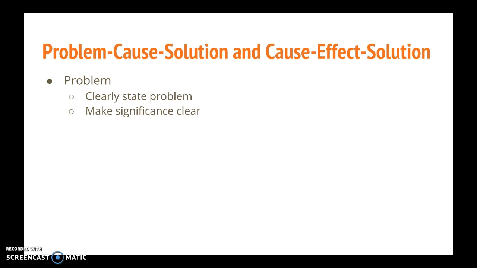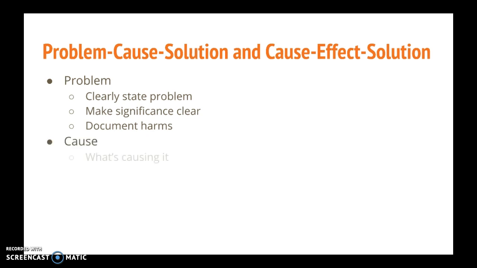You have to let them know why it is that you're even bothering to tell them about this problem. And finally, you have to document the harms that exist with this problem. So tell your audience who is harmed by this specific problem, or what the negative impact of this problem is on the audience, on the world, on whatever it is. But you have to tell us what's so bad about this problem.